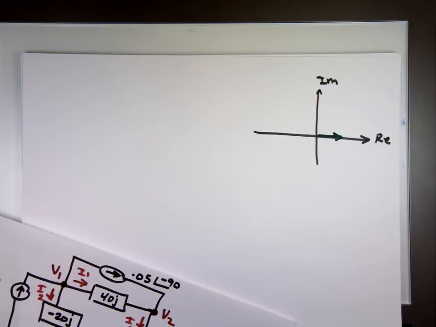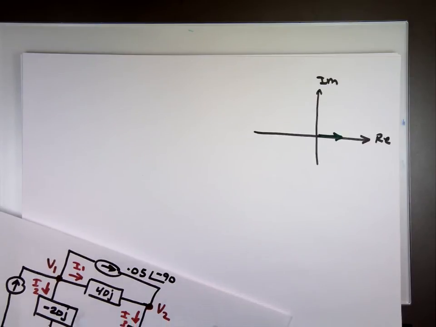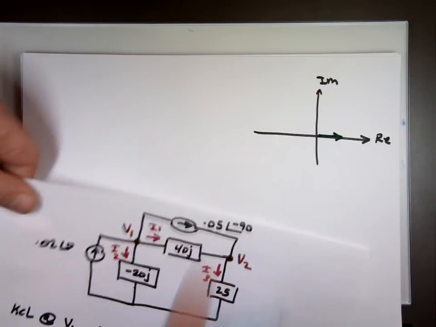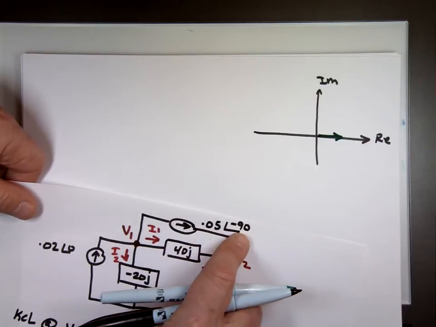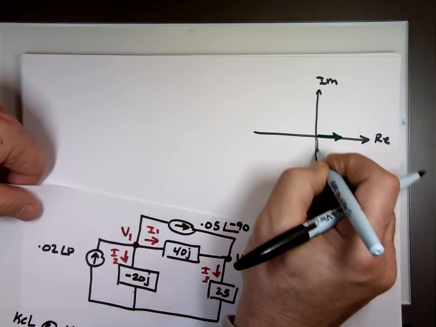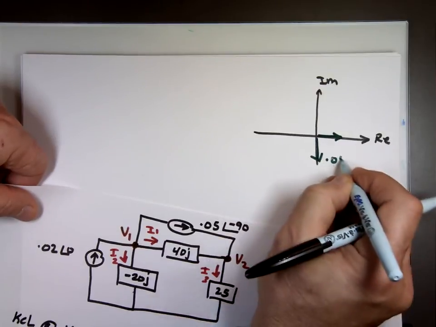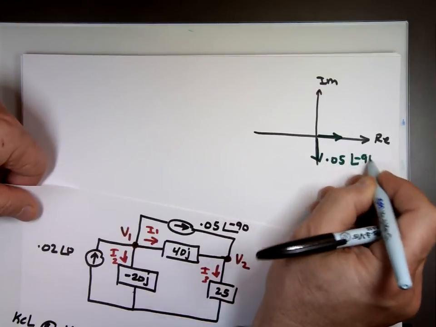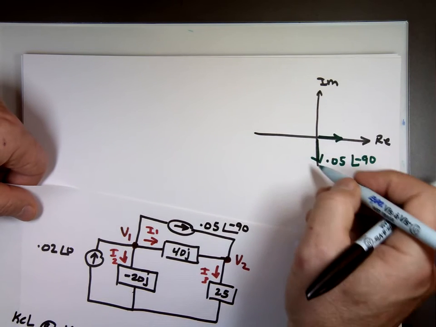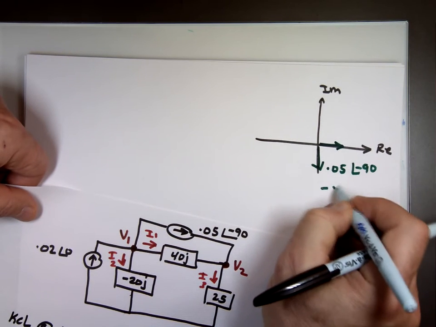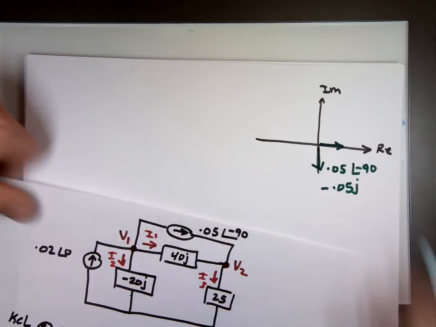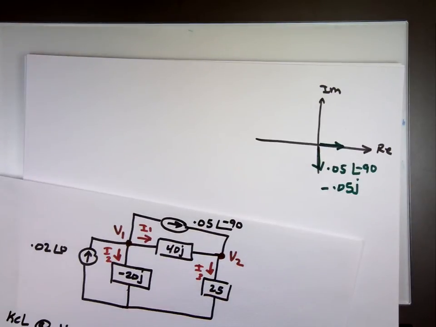That's why I said 0.02 angle 0. You can write that just 0.02. This one, 0.05 angle negative 90, which is where? Down this way. That's 0.05 angle negative 90. Since that's the imaginary and it's coming down, it's really a negative 0.05j. It's in the negative j direction.